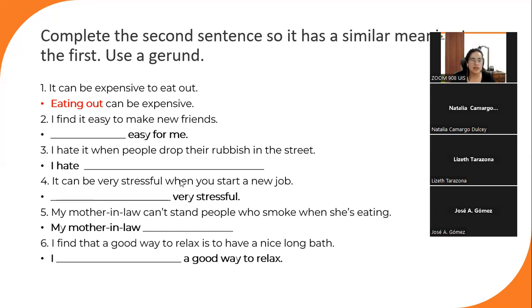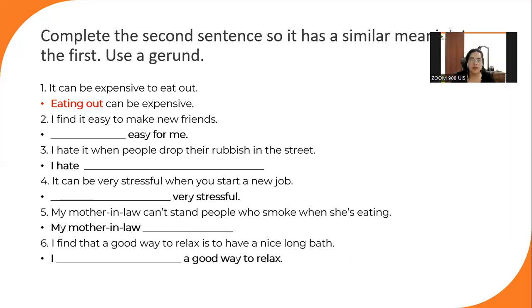Good. Julian, do you have the answer for number 3? I hate it when people drop their rubbish in the street. That was the most difficult for me. I don't know if it is, I hate it when people dropping their rubbish in the street, or I hate it.